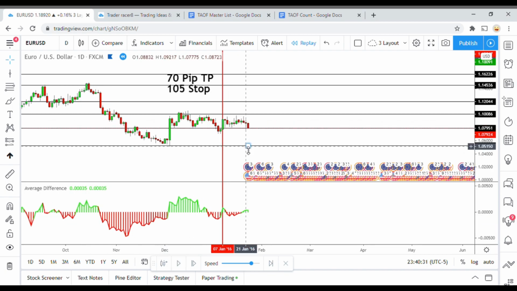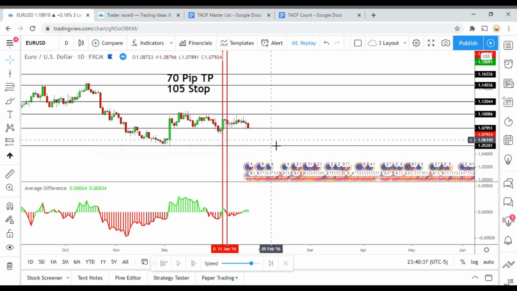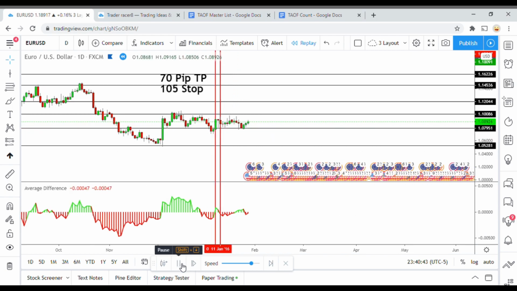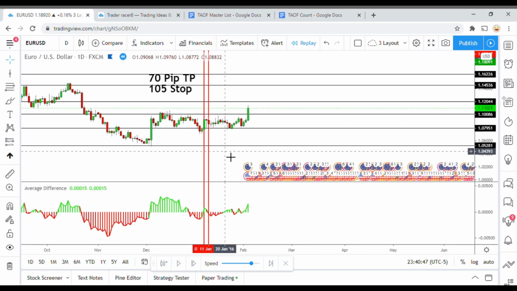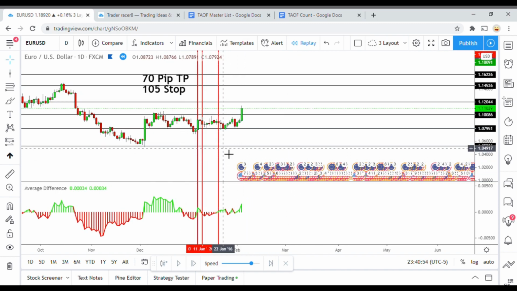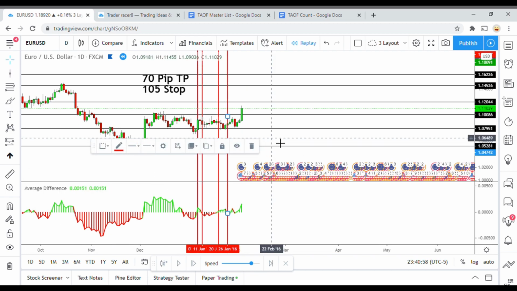So let's go ahead and play it out here and see what happens. And looks like we lose on the short as well because it then flips to the upside, and now it looks like the upside signal is taking a nosedive. You can already tell that this indicator does not like choppiness.